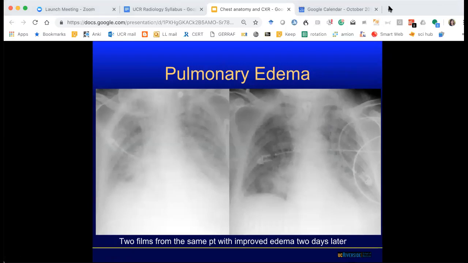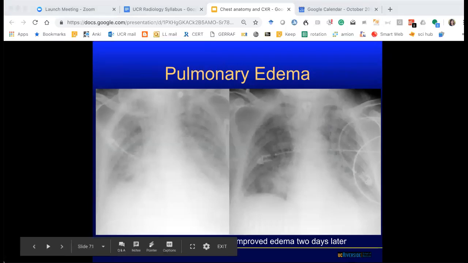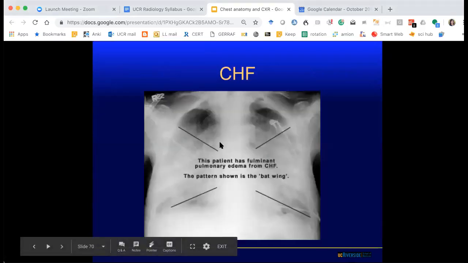So Sumit has a question. What's the bat wing pattern in the previous slide? So the bat wing pattern is what we see with severe CHF.